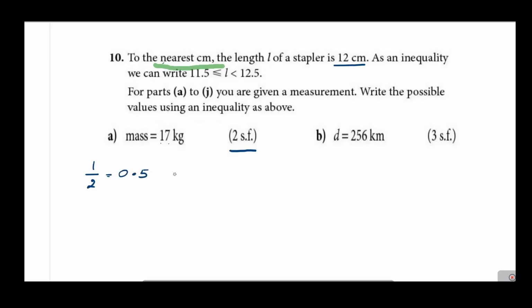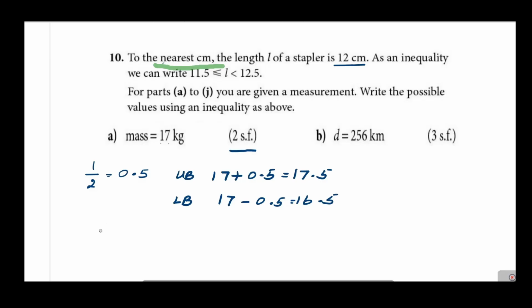Then to get the upper bound, add this much to the original measurement, which becomes 17.5. Next, to get the lower bound, I have to subtract this much from it. Then it becomes 16.5.